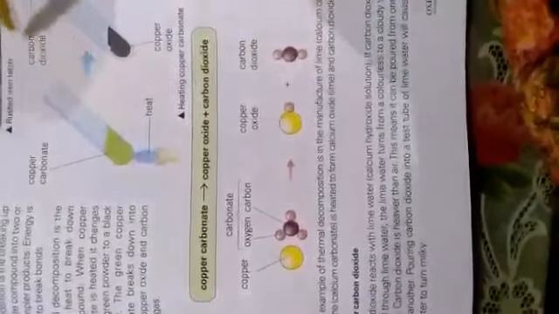The change in their color shows that chemical change has occurred and some new substance has been formed. You can concentrate on this equation also. Copper carbonate, when it is heated, this is thermal decomposition, gives copper oxide, that is black color powder, plus carbon dioxide is evolved during this reaction that dissipates in the environment.